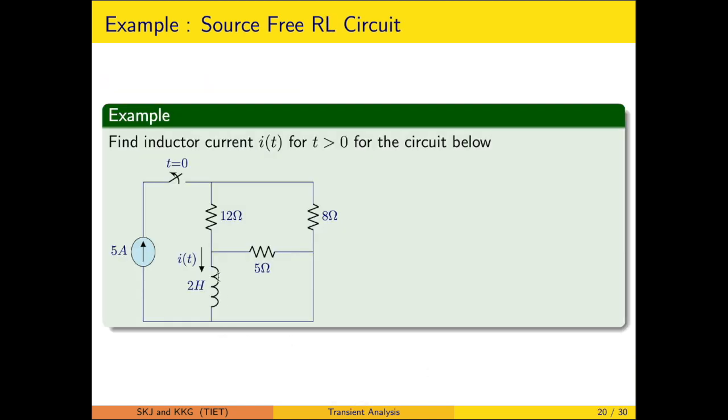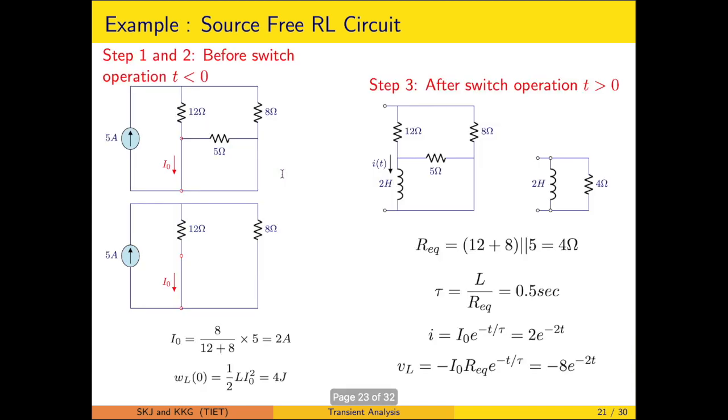In this, the intention is to calculate the inductor current when the switch is opened at time t equals 0. Previously the switch was closed for a sufficiently long time. As a starting point, the inductor is behaving like a short circuit.